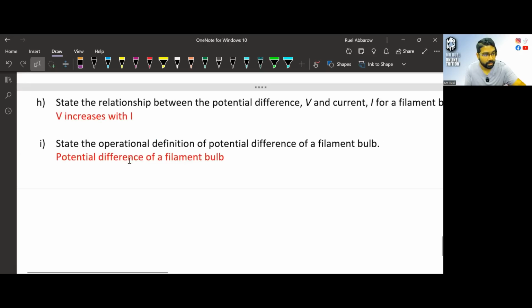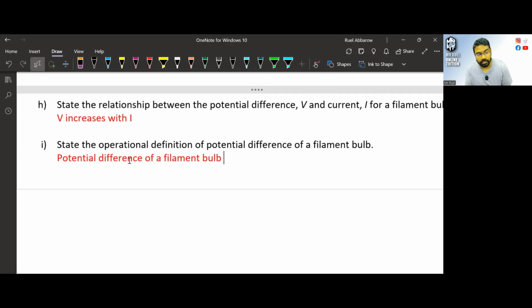Then the format is like this. You can use "is shown by". This one is actually borrowed from bio.